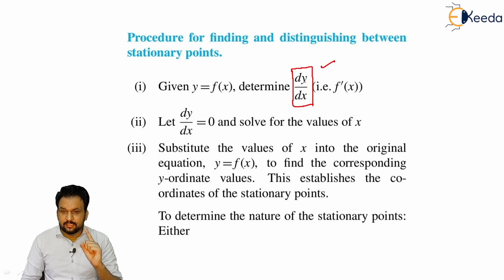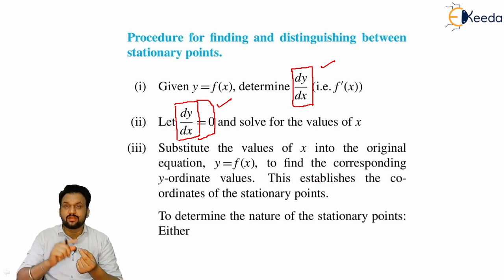So as I calculated dy by dx, in the next step, step number two, I will set dy by dx equal to 0. Then substitute the value of x into the original equation y, and it will give you some stationary points.